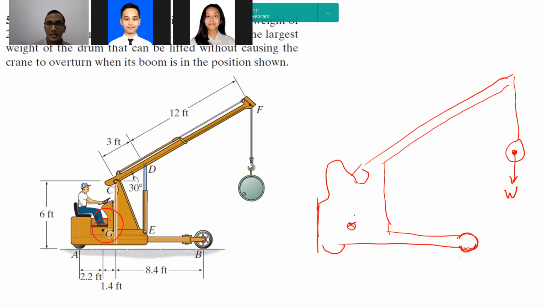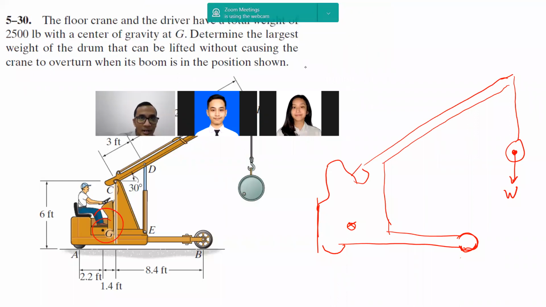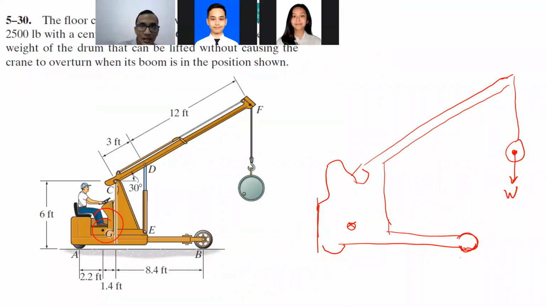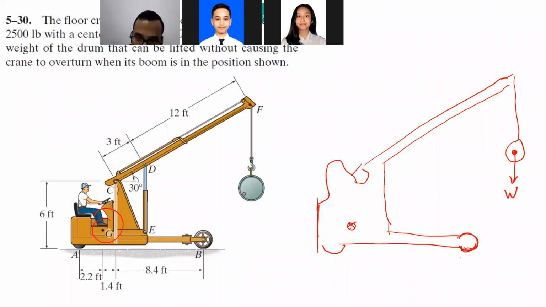It is known that the weight of the crane with the driver is 2,400. Sorry, 2,500 lbf, going down. So all the weight are there.